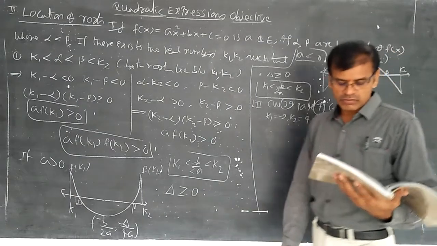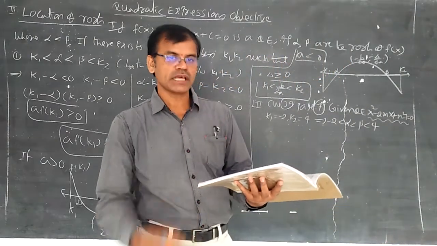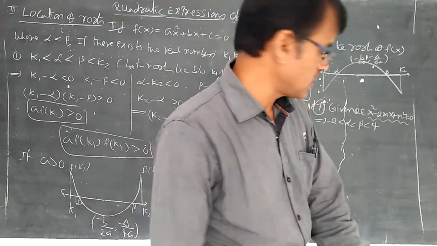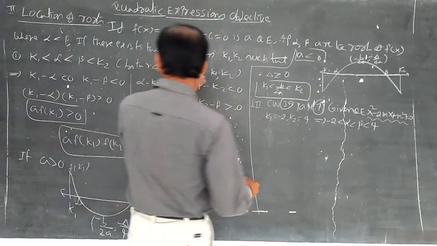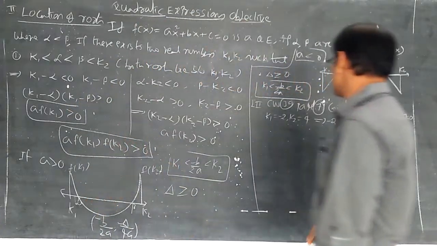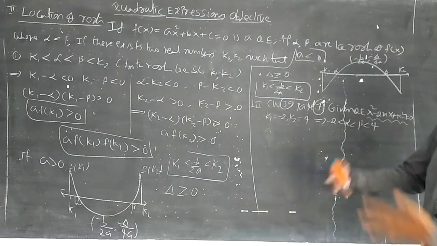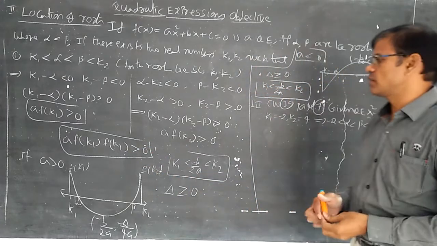Read the question. All the values of m for which both roots of this equation are greater than minus 2 but less than 4. So that condition is minus 2 less than alpha less than beta less than 4. Use the concept we have discussed: a into f of k1 greater than 0 and a into f of k2 greater than 0.